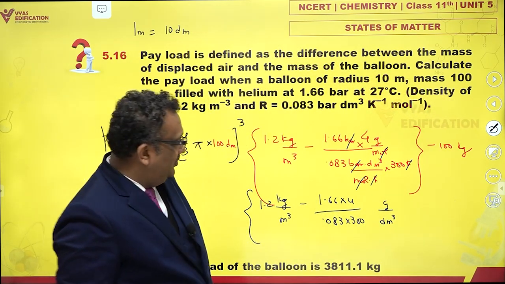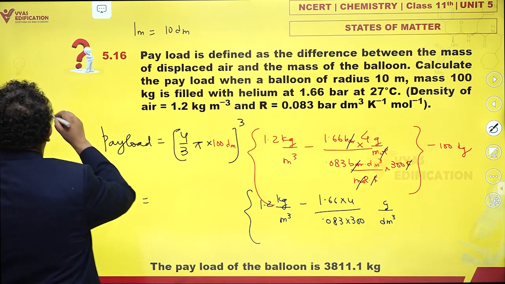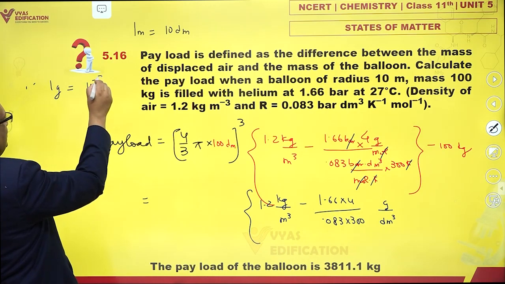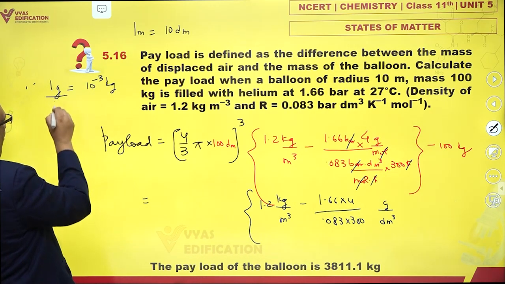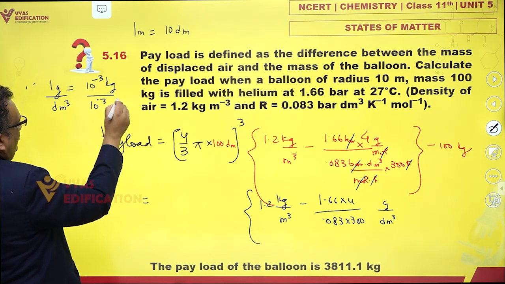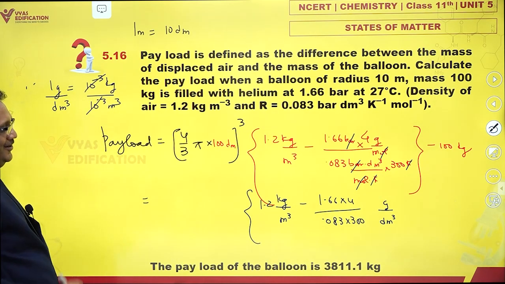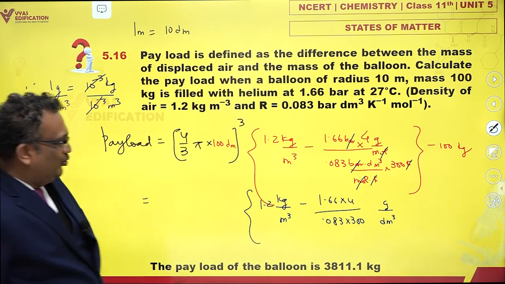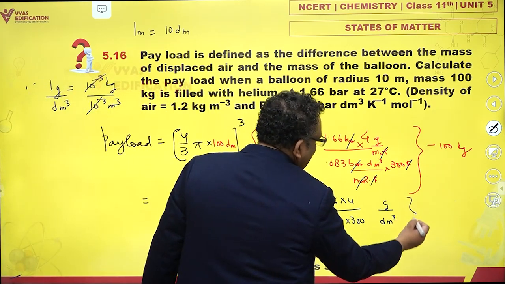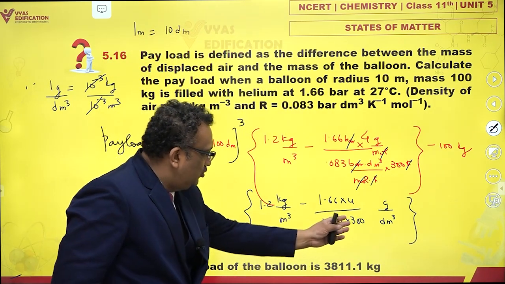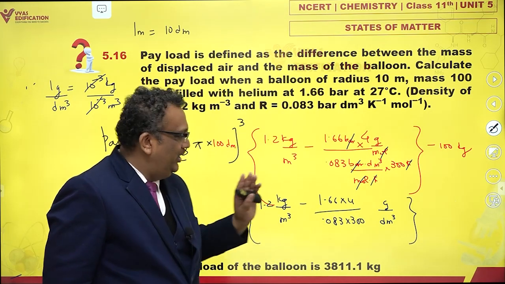Now 1 gram is 10 to the minus 3 kg, and decimeter cube is 10 to the minus 3 meter cube. So grams per decimeter cube is same as kg per meter cube. There is no difference. So they have same units. All I need to do is to multiply this and calculate this.